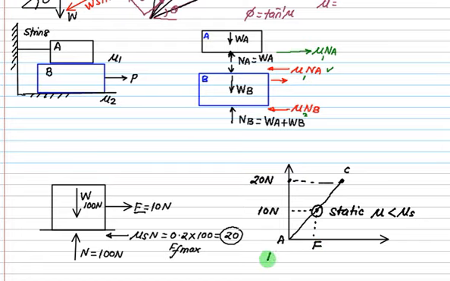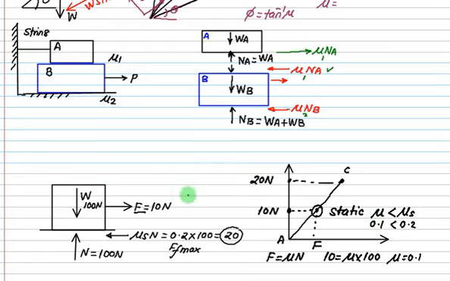And this external force must equal mu times N. So external force is 10, this one is mu, this is 100. So is the value of mu equal to 0.1? Correct. So you can find here the coefficient of friction is 0.1. Is this value less than 0.2?